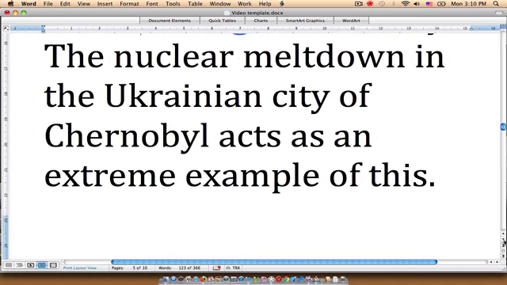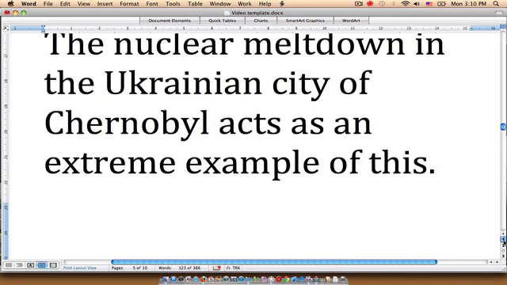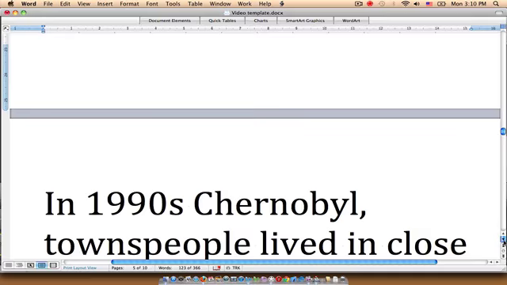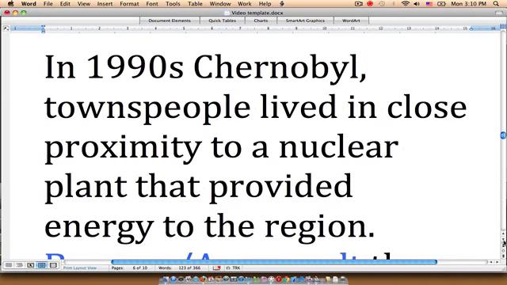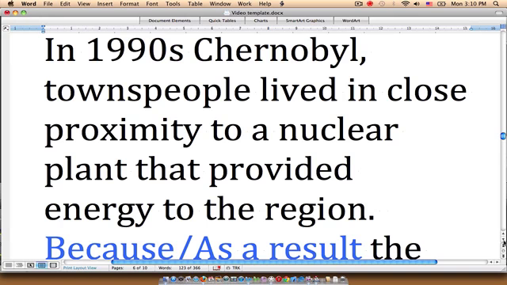The nuclear meltdown in the Ukrainian city of Chernobyl acts as an extreme example of this. In 1990's Chernobyl, townspeople lived in close proximity to a nuclear plant that provided energy to the region. And I just want to direct your attention for a second to the way that this is worded here.